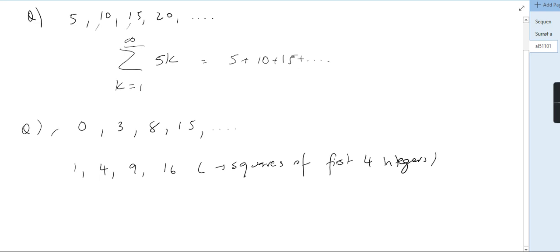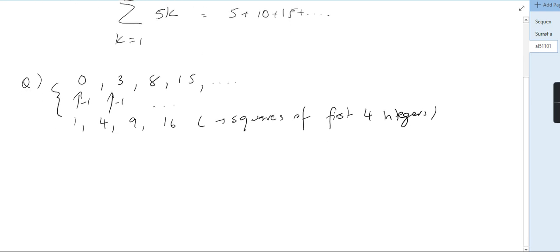If you correlate both of them, you can see this pattern is just a difference of minus 1 each time. So each of these numbers can be shown as 1 squared minus 1, 2 squared minus 1, 3 squared minus 1, 4 squared minus 1.